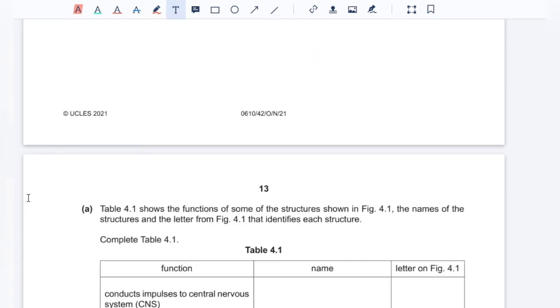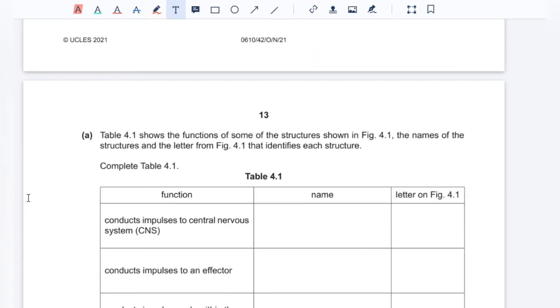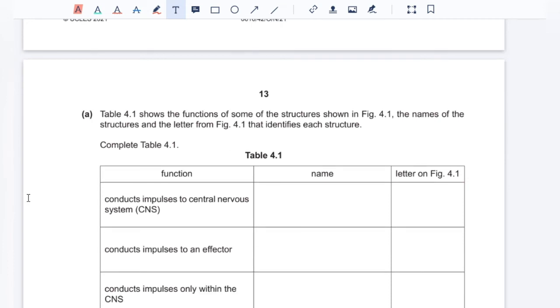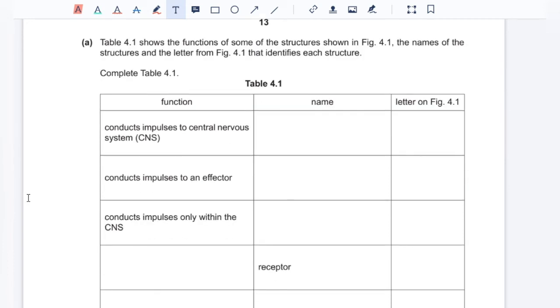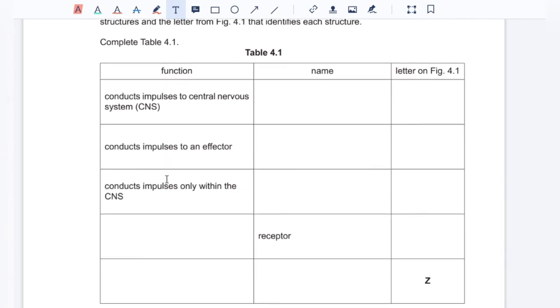And in part A, you've been given table 4.1, which shows the functions of some of the structures. You are supposed to complete this table with the names of the structures and the letter from figure 4.1 that identifies each structure. So the structure that conducts impulses to the central nervous system is the sensory neuron.